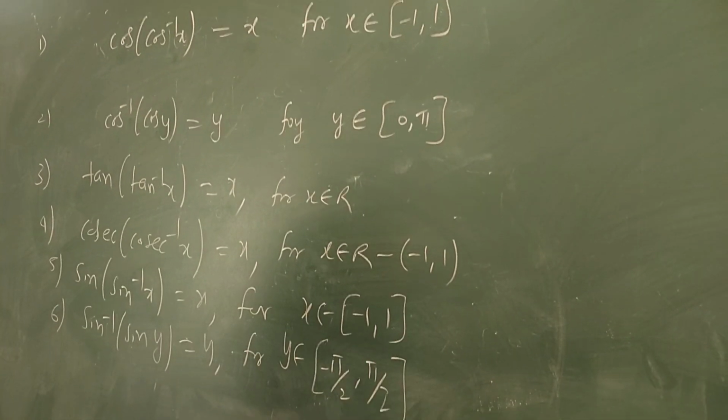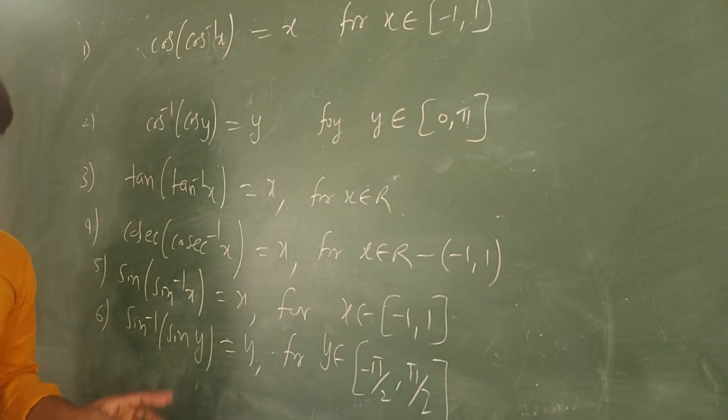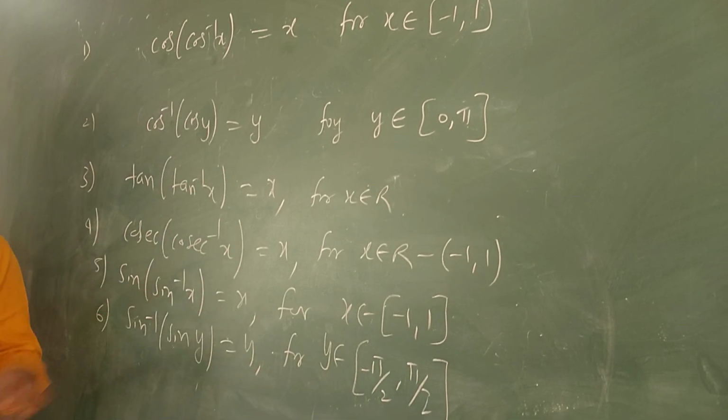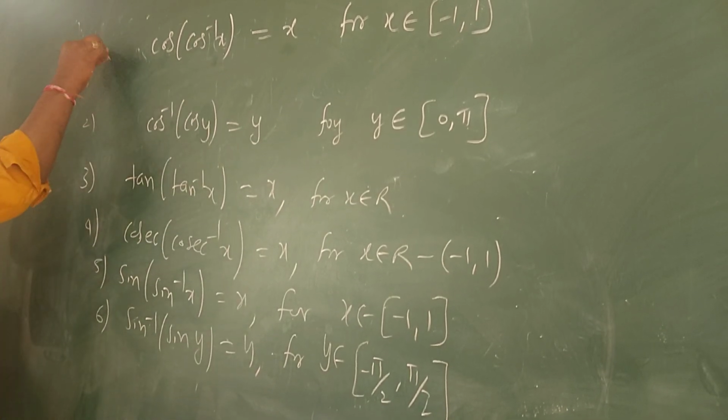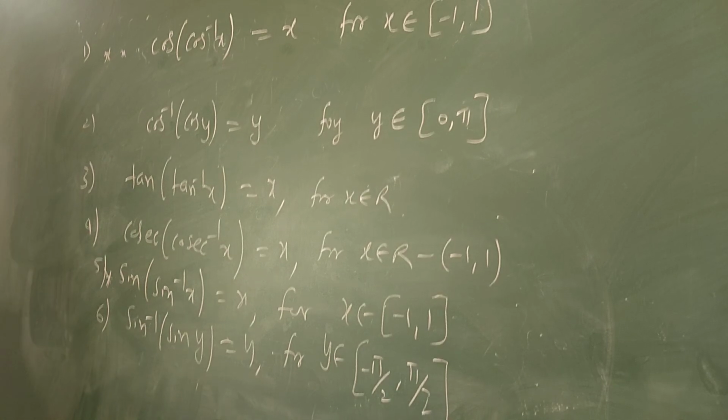See here, these are the things you need to remember. Must and should. So these are the formulas. Mainly these two formulas are most important: sine of sine inverse x, cos of cos inverse x. These two are mostly used here. These are the formulas mostly used, the important formulas.